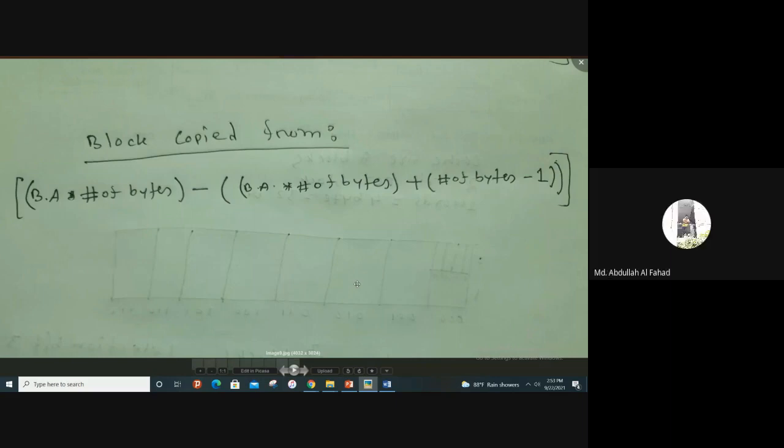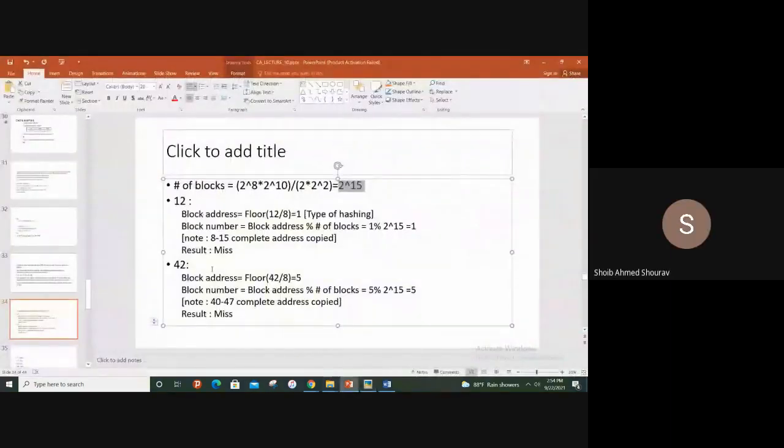Is it clear? Copied? Into means multiplied, yes. Clear, everyone? Can I close this one? Yes, sir. Okay, going back to the slide.